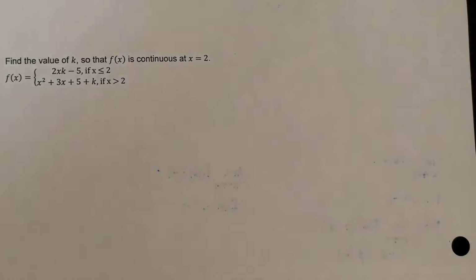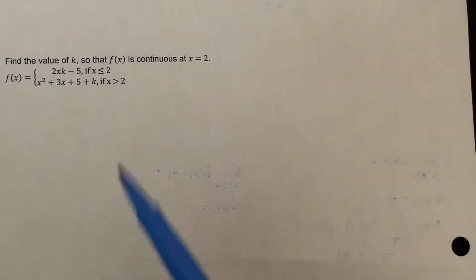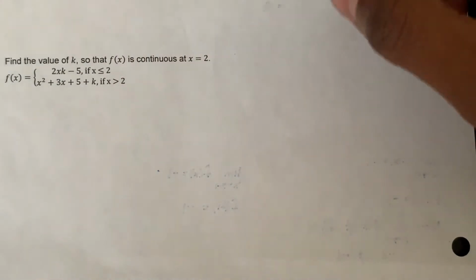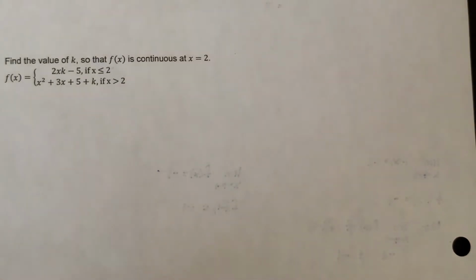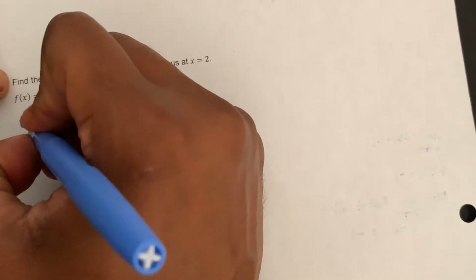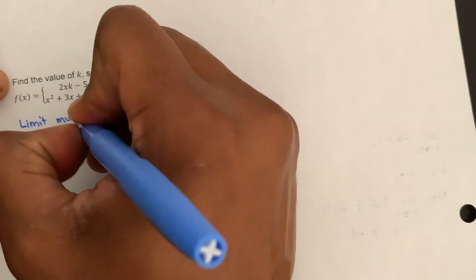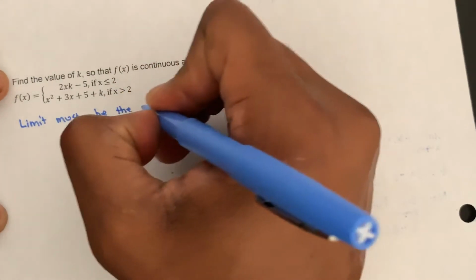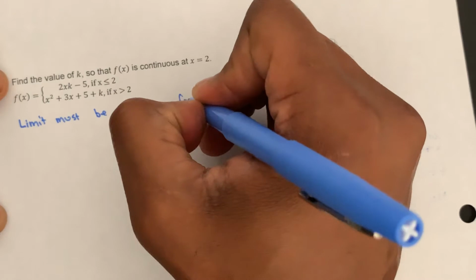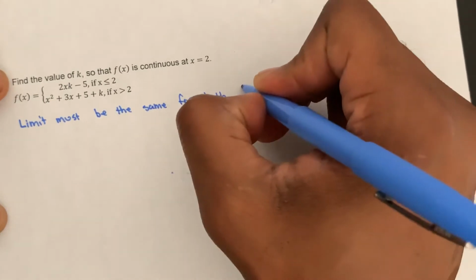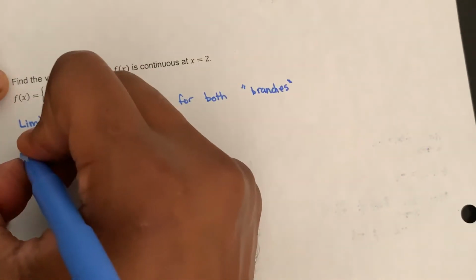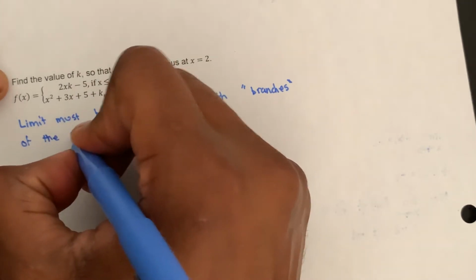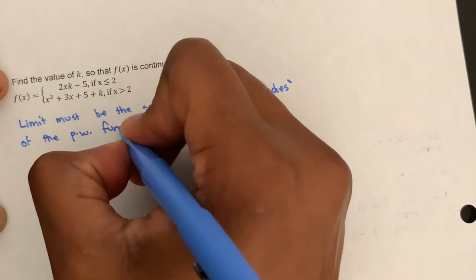All right, so going back over our definition of continuity, for this function to be continuous at x equals 2, the limit has to be the same for both branches of the piecewise function.